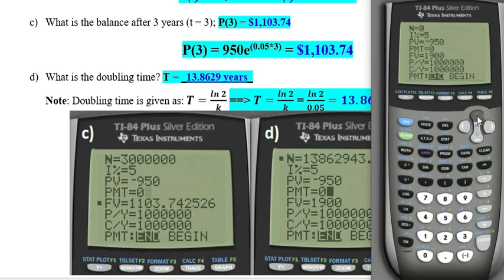Then go to N, alpha solve, and you get 13.86 million. When you divide this by a million, that is 13.8629 years, which is about 14 years. So the money will double to 1,900 in about 14 years.